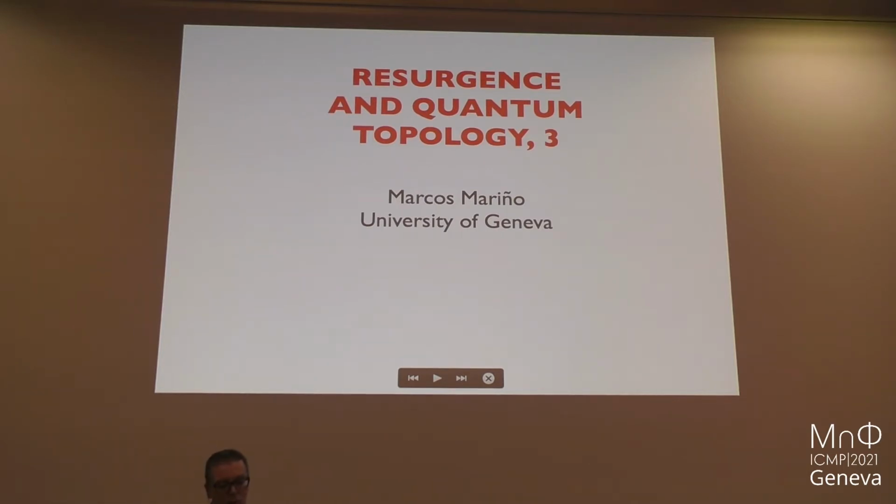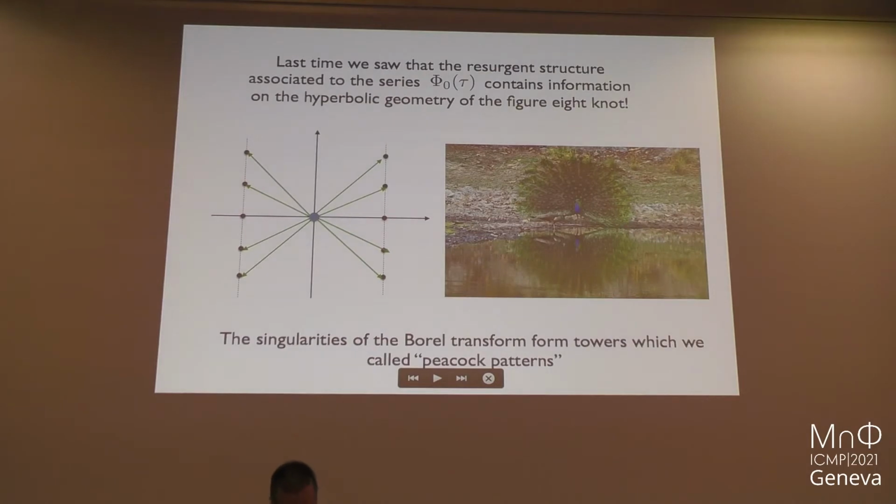So when Jones defined his polynomial, he defined it in this sort of combinatorial way, and there is no hint that there is such a thing as the volume of the complement of the knot inside this object. So let me make some comments about it. This is what we show. We saw that the resurgent structure of this series phi 0 knows about the hyperbolic geometry of the figure 8 knot.